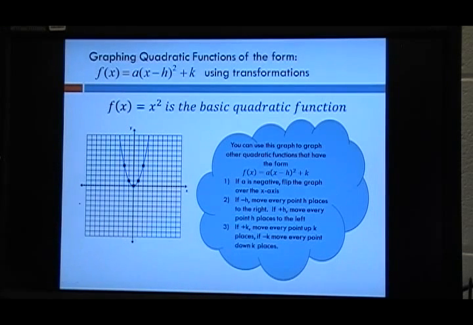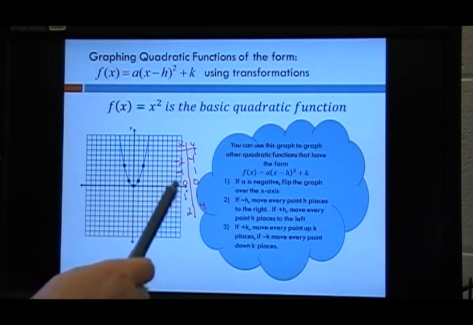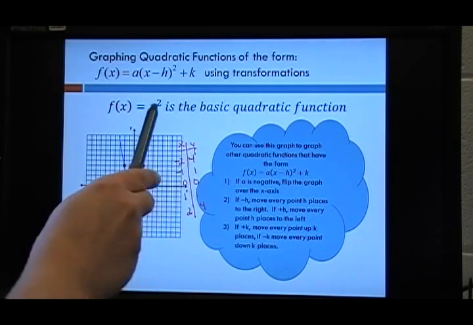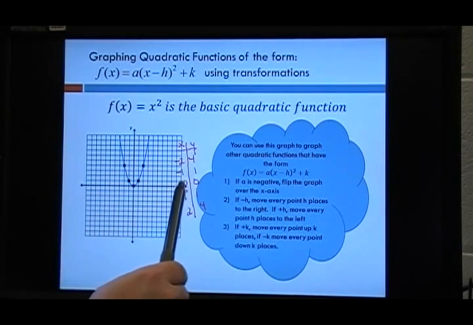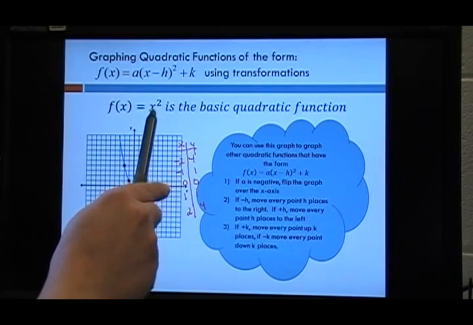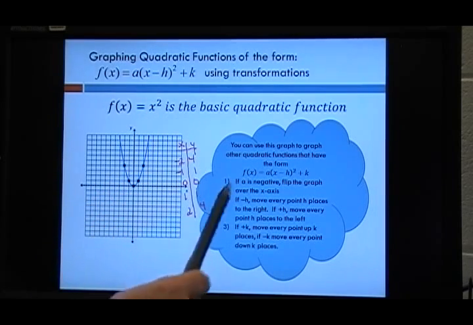So we have one point at negative 2, 4, we have another point at negative 1, 1, 0, 0, 1, 1, and 2, 4. And you can see if you do substitute negative 1 in for x, negative 1 times negative 1 is positive 1. 0 in for x, 0 times 0, we do get a y value of 0, etc.